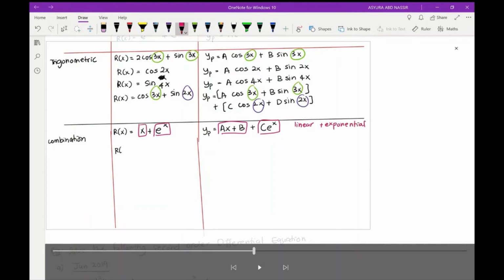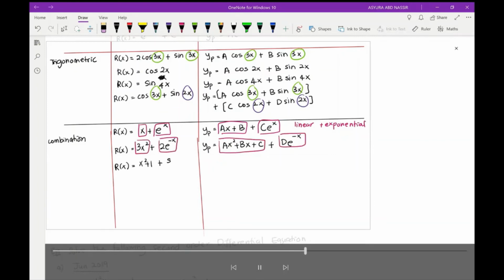Continue next. We have Rx is 3x squared plus 2e^(-x), meaning you have a quadratic 3x squared plus the exponential function. So Yp will be ax squared plus bx plus c for your quadratic, and plus de^(-x) for your exponential function.